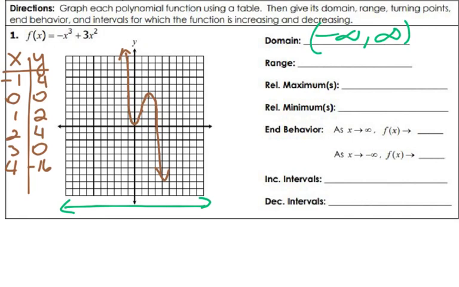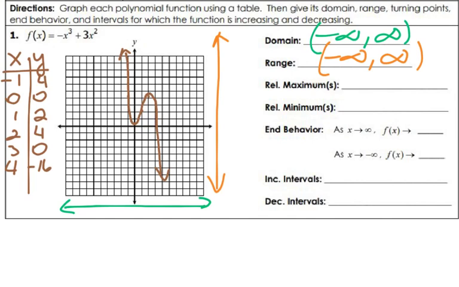The range: we're looking vertically at all the y values. Where does the graph begin and where does it end? Do we have any breaks in between? If we can see, the graph is continuous and it goes from negative infinity to positive infinity, which means that both domain and range are all real numbers.